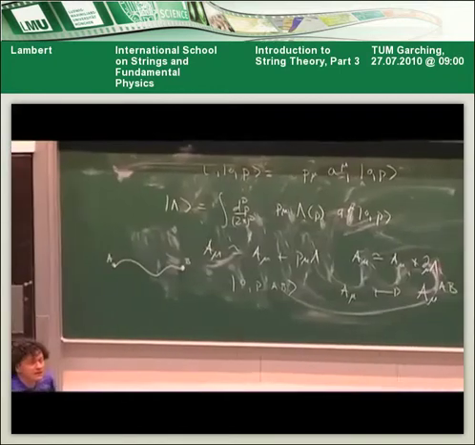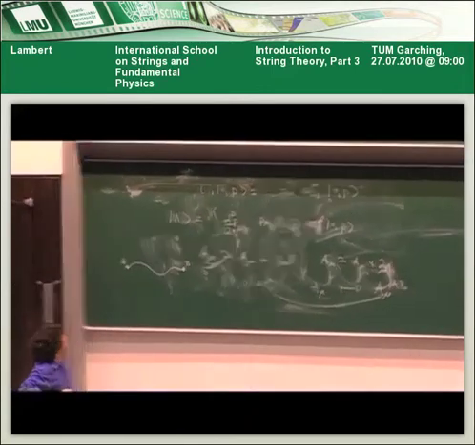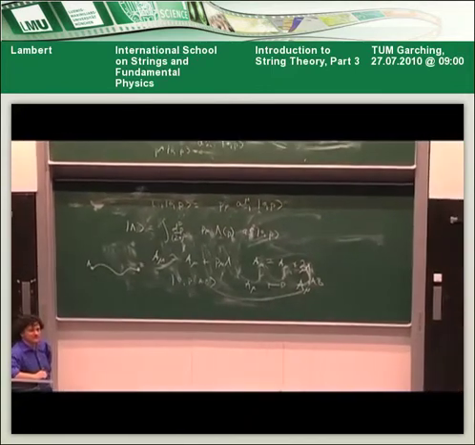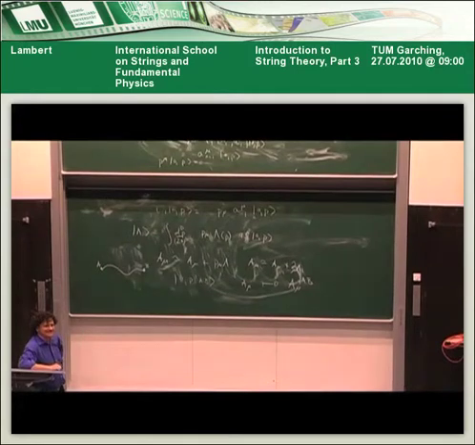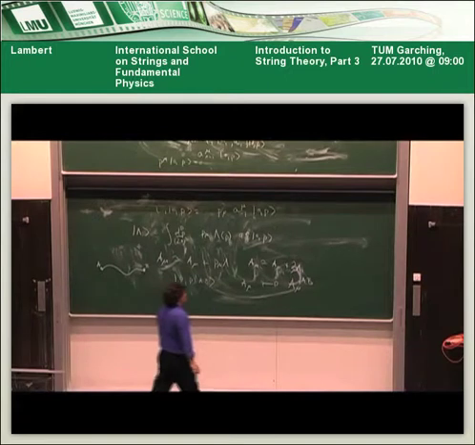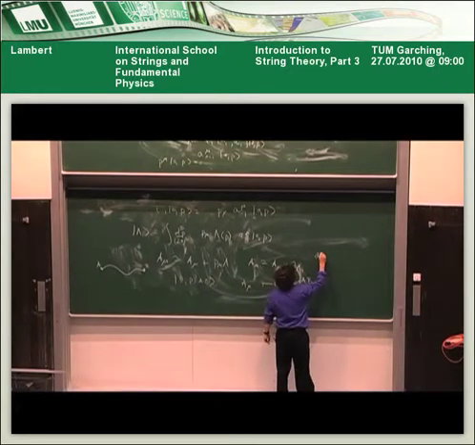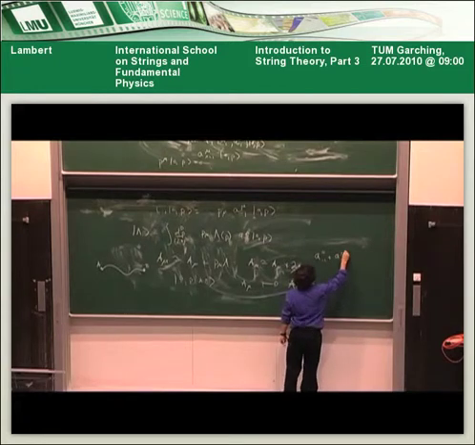Sorry? Well, I don't know, you have to compute it, but not necessarily. It would depend on A now. So what was a negative norm state was this one, A naught minus 1, A1 minus 1.